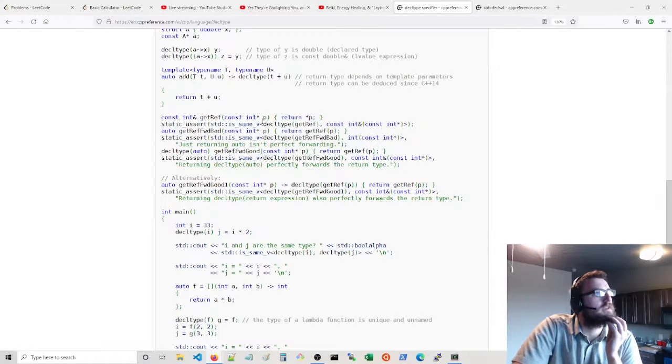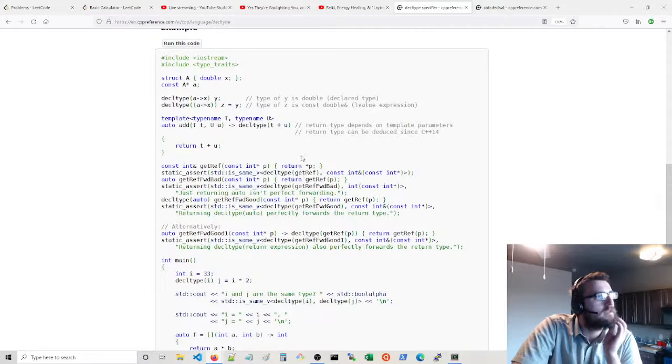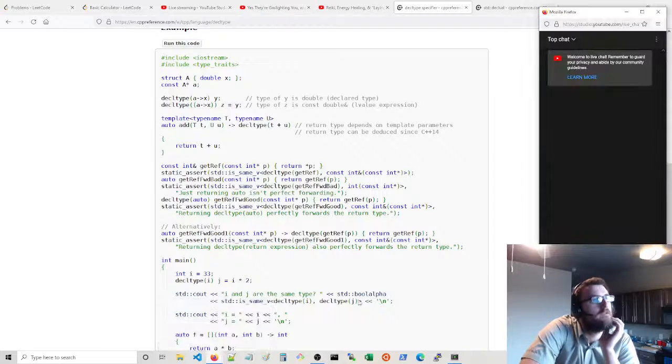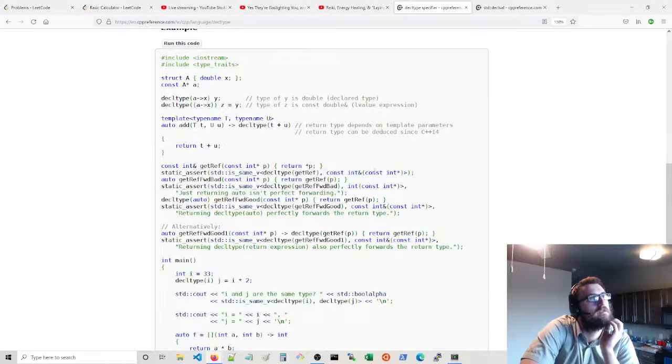I don't think, get reference forward bad, get reference forward good. Yeah, forwarding references. Oh, I think I made a mistake here.